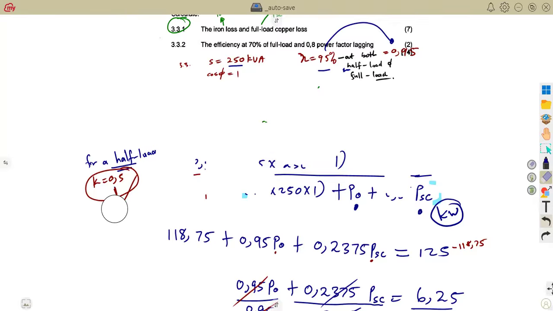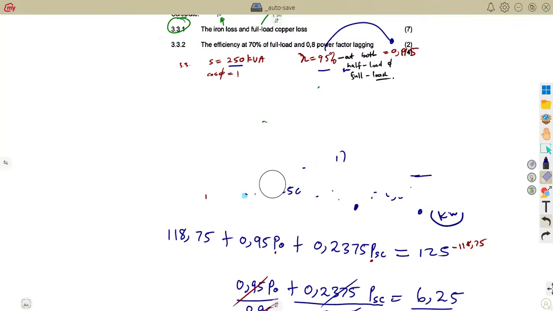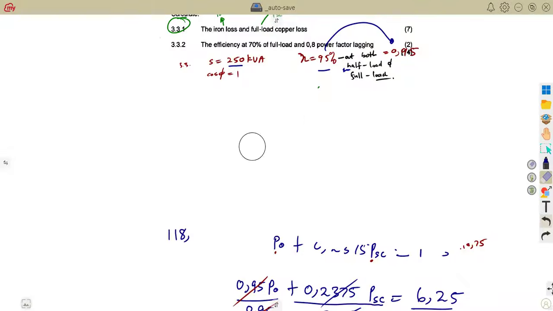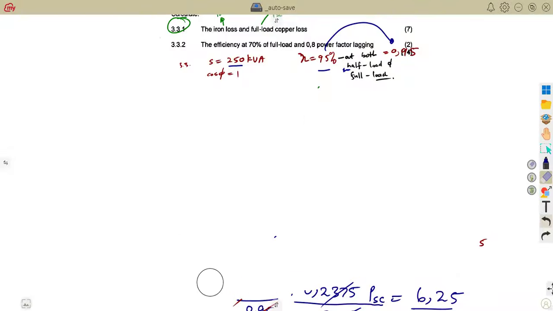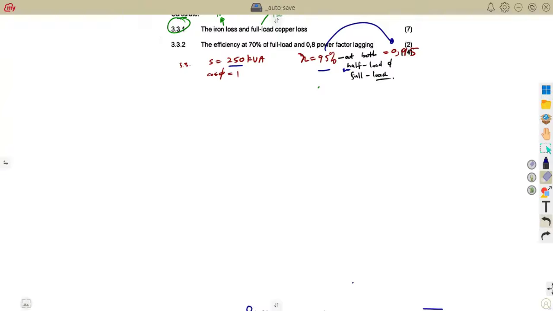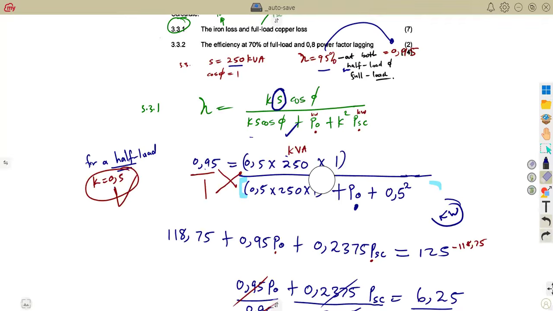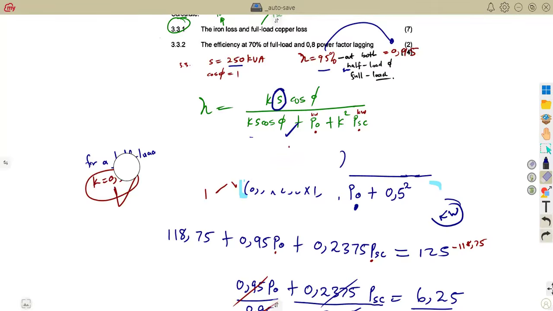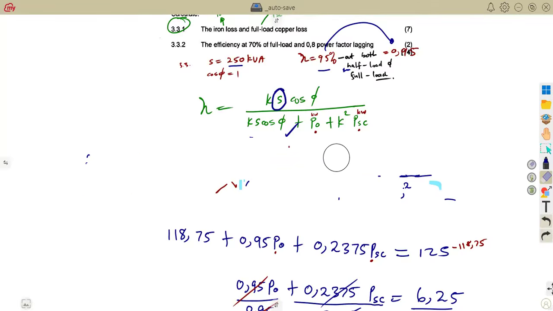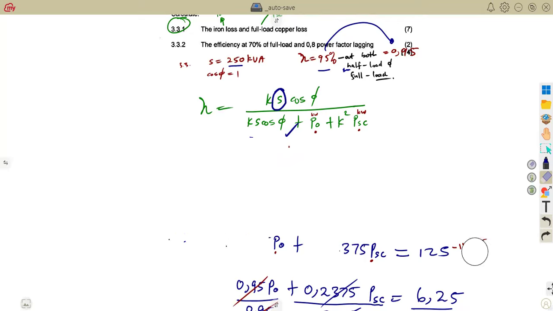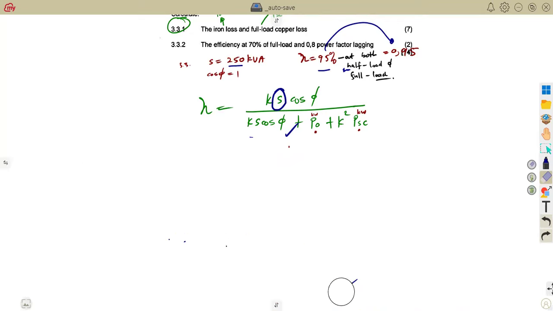They want us to calculate now the efficiency on 3.32. Remember your efficiency formula is just a matter of substituting, of which I already erased it here. So let me just do it this way, guys, so that we do not get rid of our formula there. All right, sorry for that.